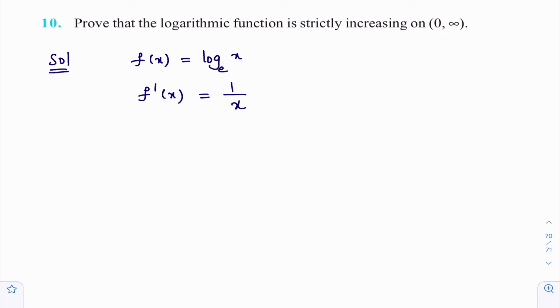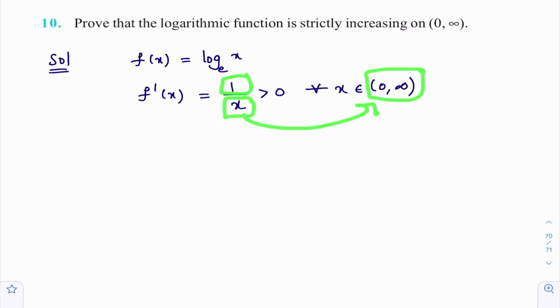Okay. So here the point is all x values are positive. When x values are positive, what do you say about 1 by x? 1 by x is greater than 0 for all x belongs to open interval 0, infinity. You try to understand this interval contains all positive numbers. Here 1 is clearly positive, x is positive as x is in this interval.